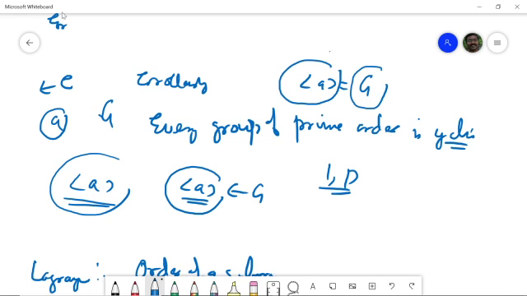That means the order of a is equal to p, which is the same as the order of G. That means G is generated by this element a. Therefore, we can say that every group of prime order is cyclic. This is a simple result obtained from number theory using Lagrange's theorem.